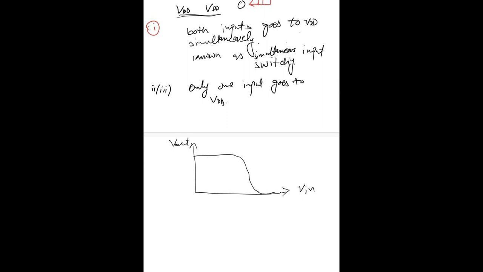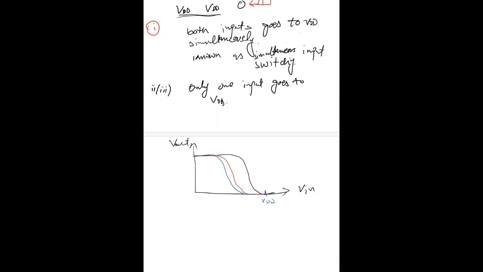It is here, and then the second curve starts from the same value, goes low earlier, and then has a higher voltage. Then we have another curve, let me draw it with a different color. It goes low earlier, and it achieves a maximum of the VDD value. This one is our VDD value.